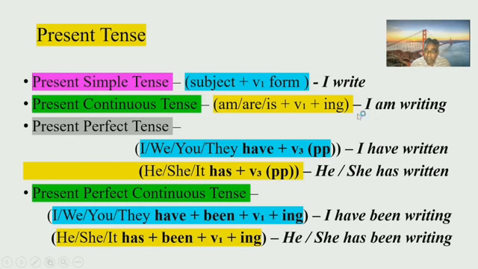So if it is I, we use am. If it is you, we use are. If it is he, we use is. That is, I am, you are, he is. Then followed by the V1 form, that is the main verb, that is write. And for the word write, you will be adding ing, that is a continuous form. So when you add ing, you will omit the e here and ing will be added.